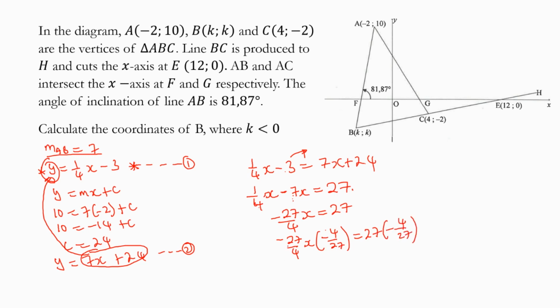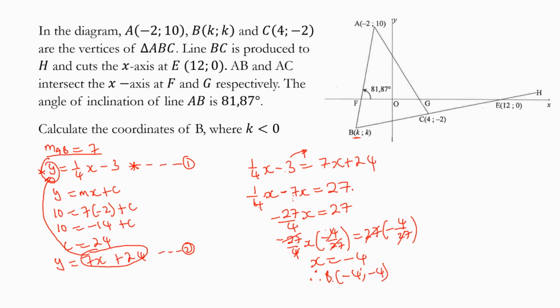You see that? You can multiply by the multiplicative inverse, and then we get that x is equal to negative 4, because this and that would give us 1 there. Remember, this is the x coordinate, which is k. So therefore, the coordinates of B will be negative 4, negative 4.